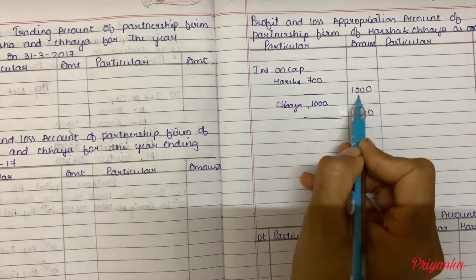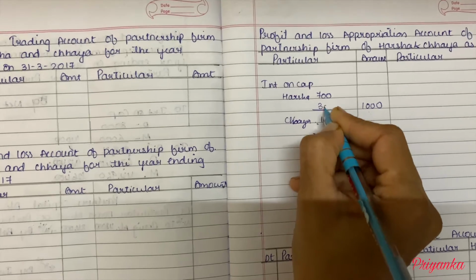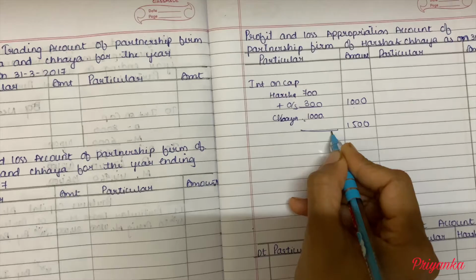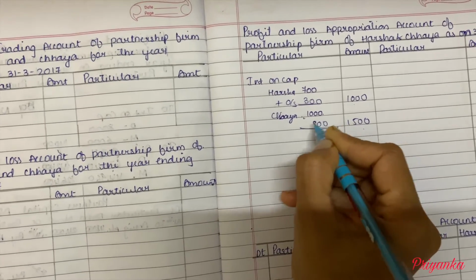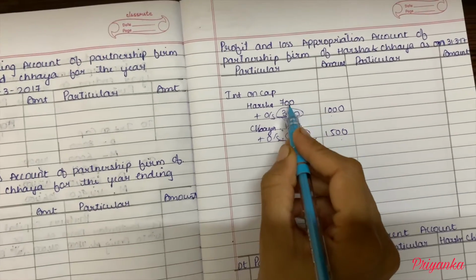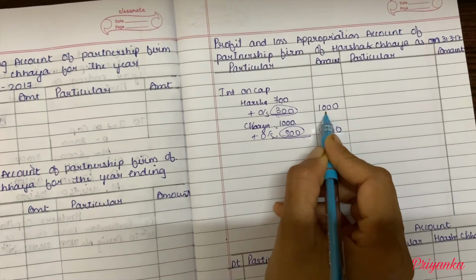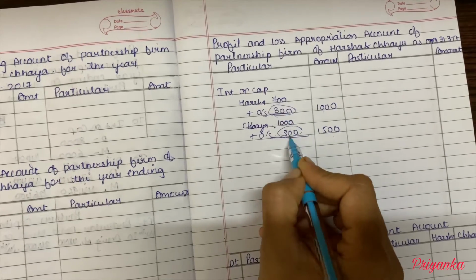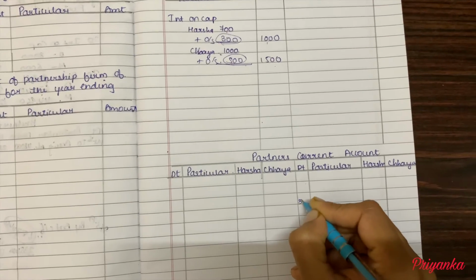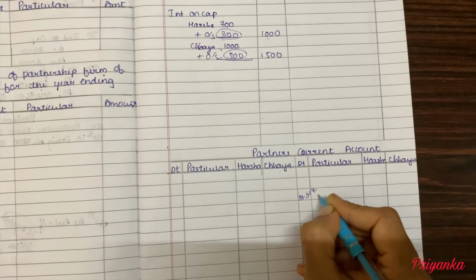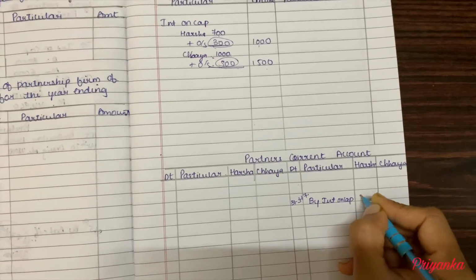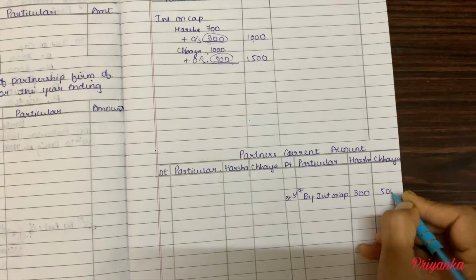As we can see, there is a difference between these two amounts, a difference of 300, and if we make a plus, that is outstanding. And here what amount has to be plus? 500. That is again plus outstanding. So the difference between the trial balance and the calculation from the adjustment is going to move to the partners' current account. With 31st March 2017, by interest on capital 300 and 500.